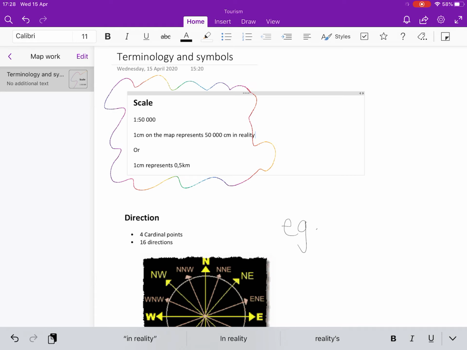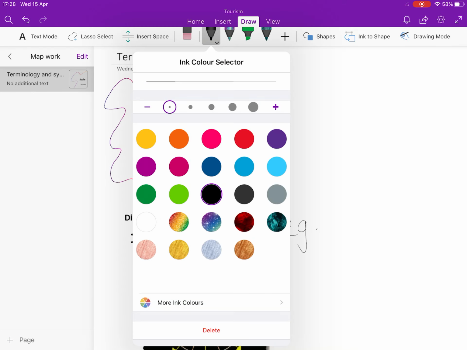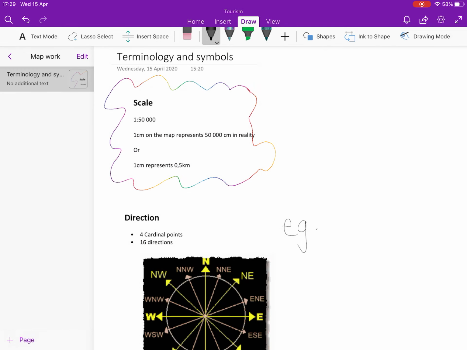Or 1 centimeter represents 0.5 kilometers. Okay, so 1 centimeter on the map represents 50,000 centimeters in reality.